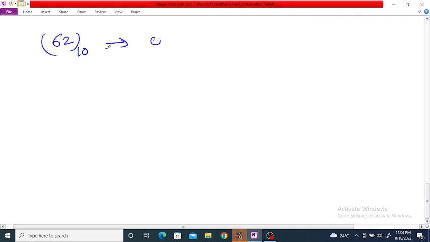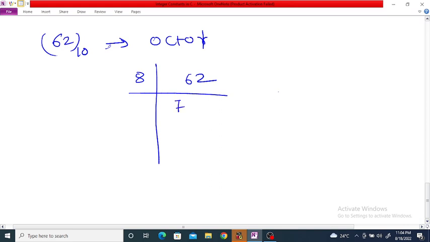Now to convert it into octal, just divide this 62 by 8. The quotient is 7 and the remainder is 6.